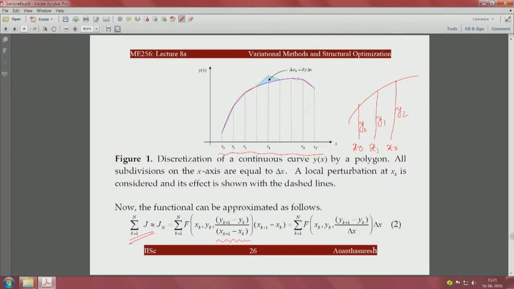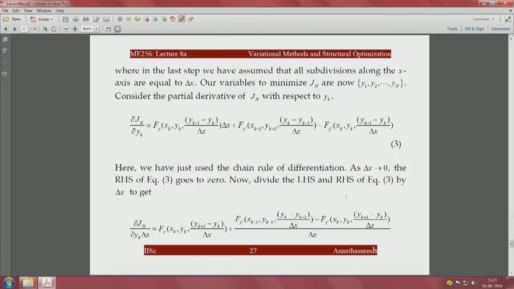That is the kind of thing he had taken. So, you have the derivative expressed in terms of finite difference values, in terms of the unknown y's, y0, y1, y2 and so forth. He takes these partial derivatives and makes them equal to 0. It is a very elegant derivation.